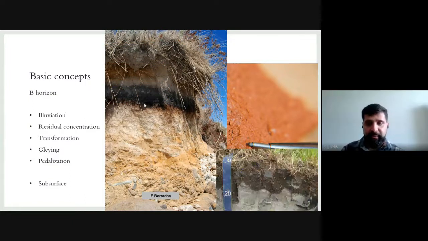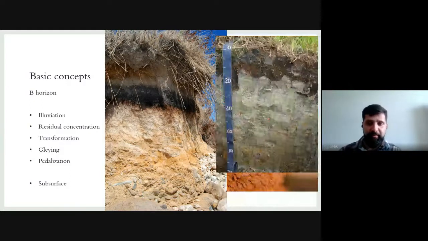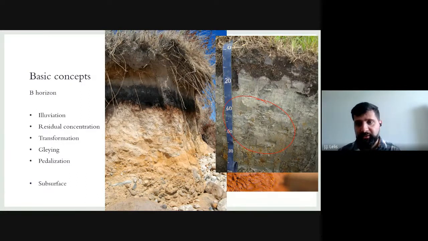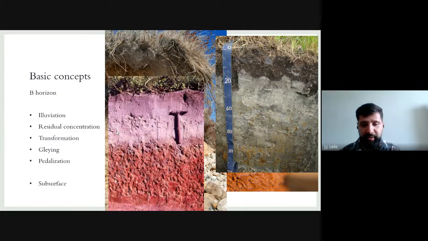And we can see a B horizon formed by gleization too, by gley properties. So you have anoxic, reducing conditions. You also form a gley B horizon, like a BG horizon. It's not a problem. And you can also identify a B horizon like here by clay illuviation.